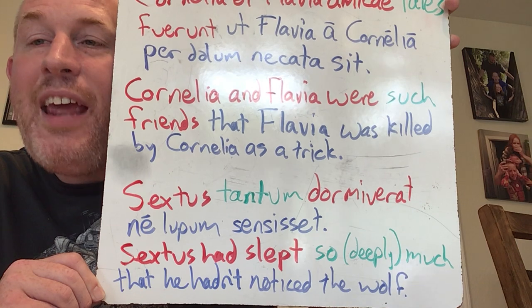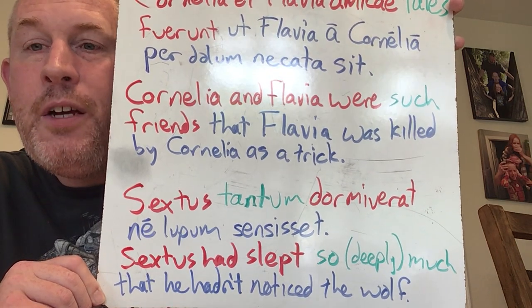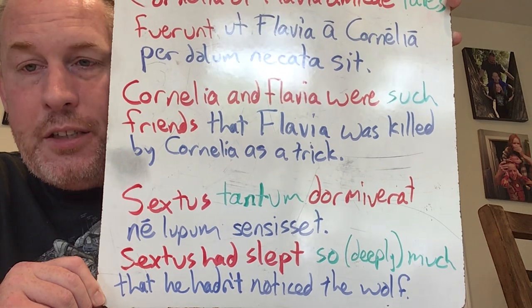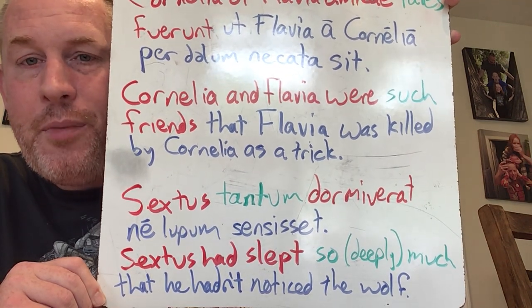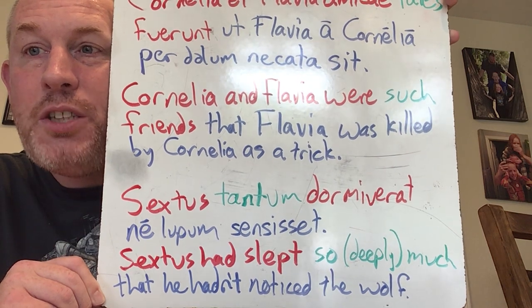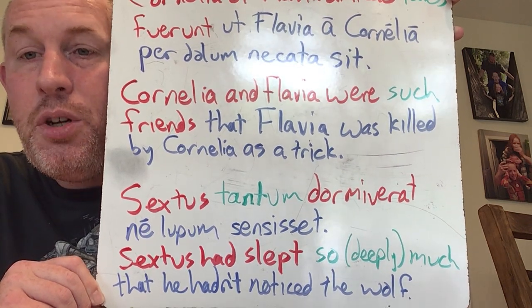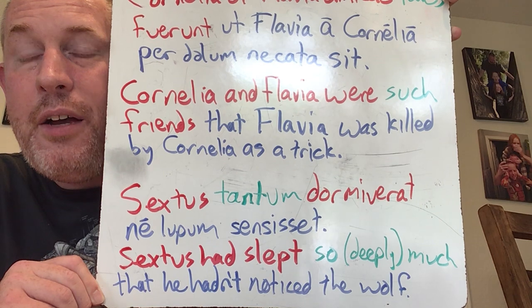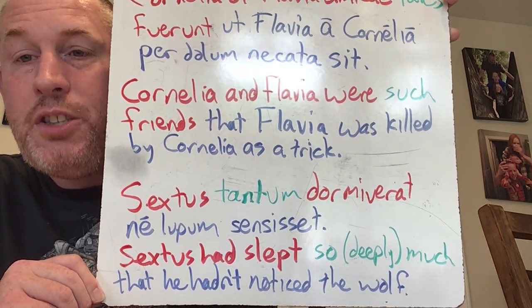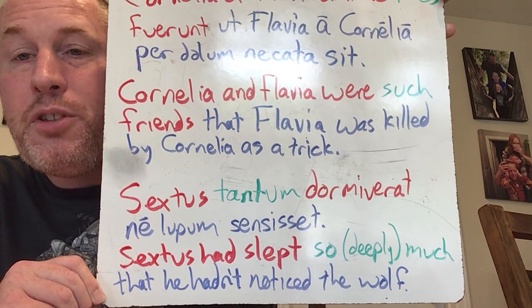So there you see ne being used, and it's a negative: so that he had not. The degree to which Sextus slept was so great that he had not noticed the wolf. So Sextus had slept so much that he had not noticed the wolf.